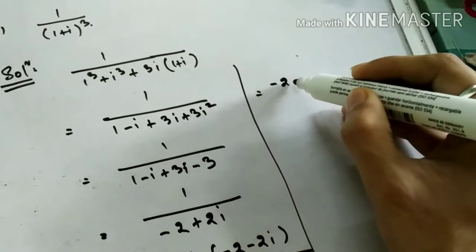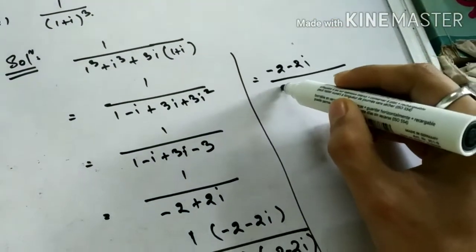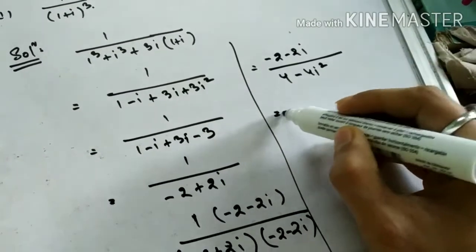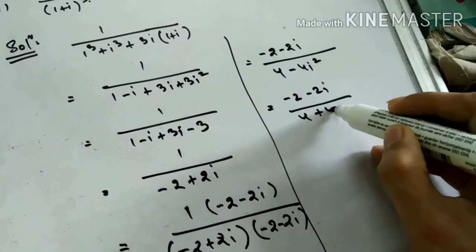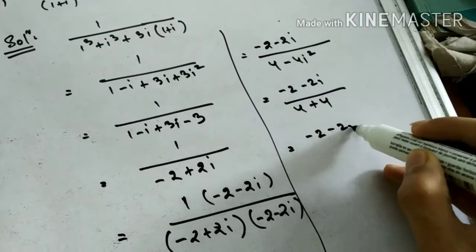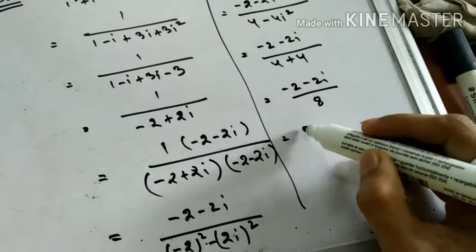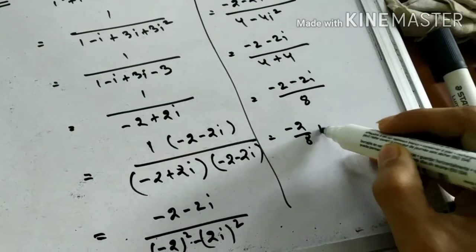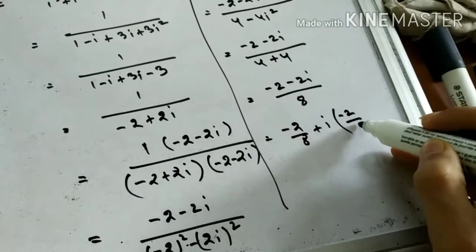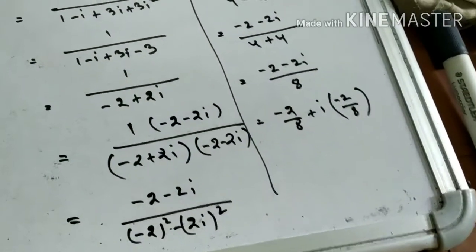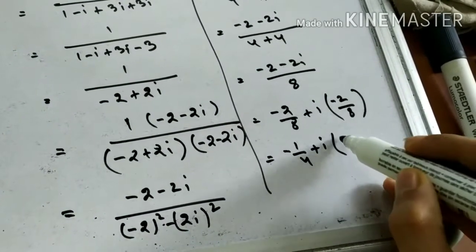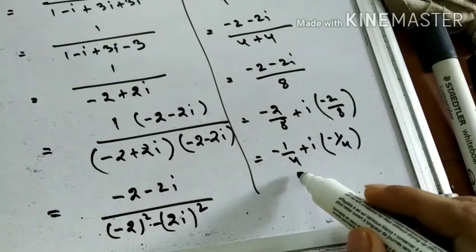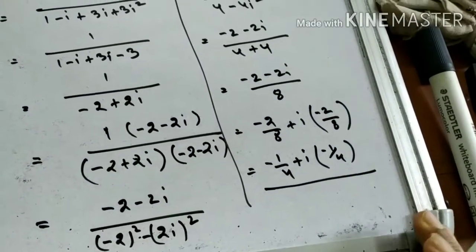Next I will get minus 2 minus 2i by 4 minus 4i square, minus 2 minus 2i by 4 plus 4, minus 2 by 8 plus i minus 2 by 8, a plus ib form. So ultimately you can write here minus 1 by 4 plus i into minus 1 by 4. This is your a plus ib form. Let us check the back answer.